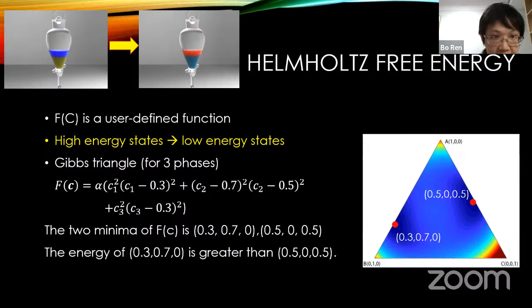For example, if a 3-phase mixture exists, we can define one state to be 0.3, 0.3, 0.4, and another state to be 0.2, 0.5, 0.3, which are the volume fractions of these three phases, and each state has energy.